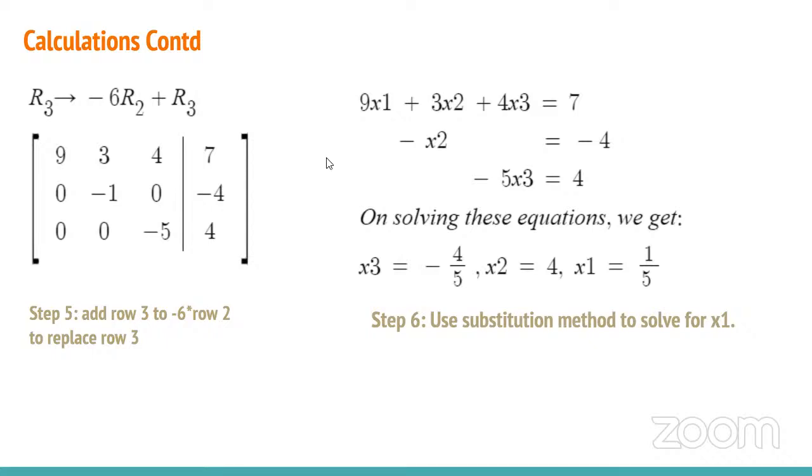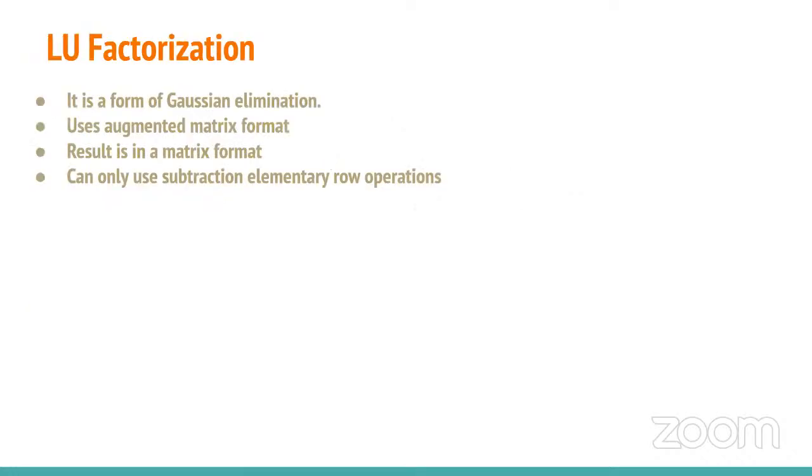The next one, we are going to see a difference, which is the LU factorization. The LU factorization also uses a similar calculation strategy to the Gaussian elimination. It also uses the augmented matrix format, and the result of our LU factorization will also be in a matrix format, not x is equal to this.